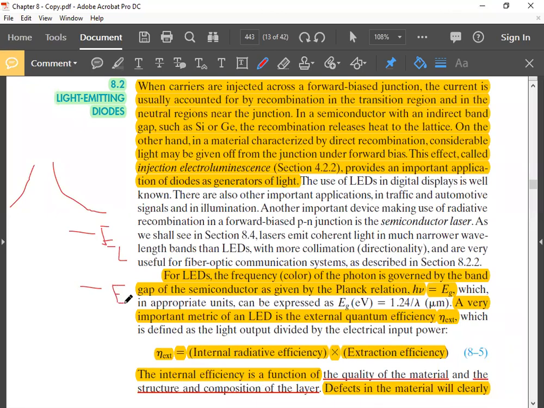So when an electron goes from conduction band to valence band, it releases energy which is equal to this Eg. So this energy is obtained as a photon. So from Planck's relation, we know that h nu equal to Eg. So nu is the frequency, and frequency is determined by Eg, the band gap of the semiconductor.